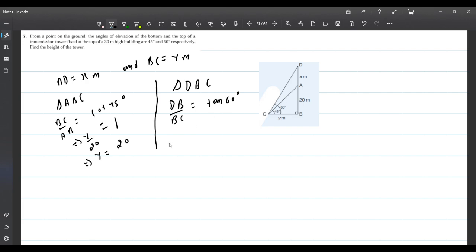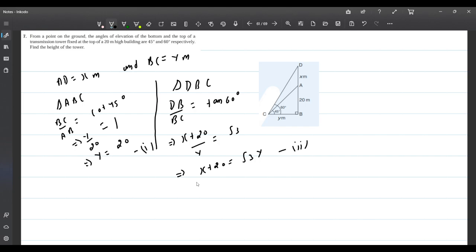So this is equal to x plus 20 upon y is equal to root 3. So this is equal to x plus 20 is equal to root 3 into y. So this is equation second. This is equation 1.